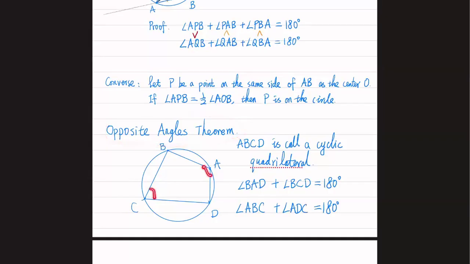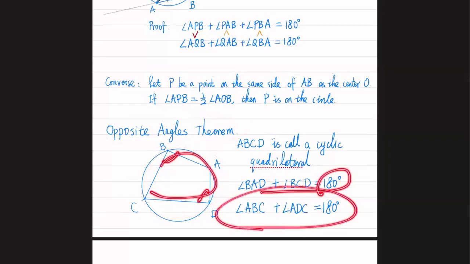These two opposite angles, if this is cyclic, must be 180. Sum of these two angles, if this is cyclic, must be 180.